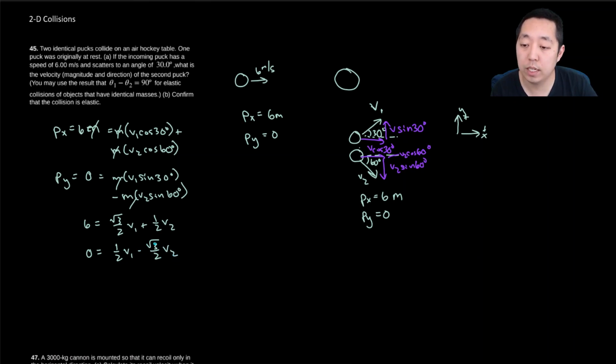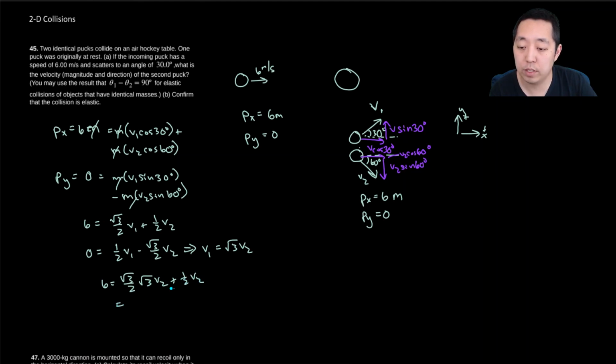And so I can plug in. If I look at this equation, for example, I could say V1 is equal to square root of 3 V2. Then I can plug that into the other equation. So I have 6 equals root 3 over 2 times root 3 V2, plus 1 half V2.